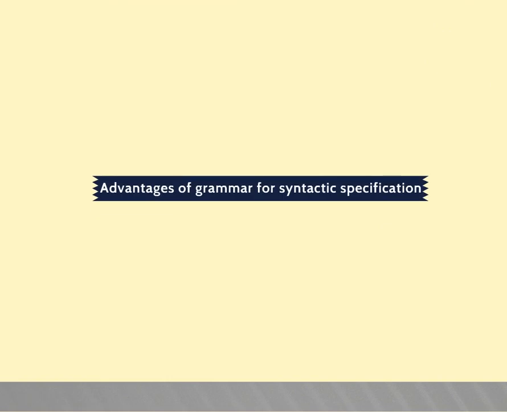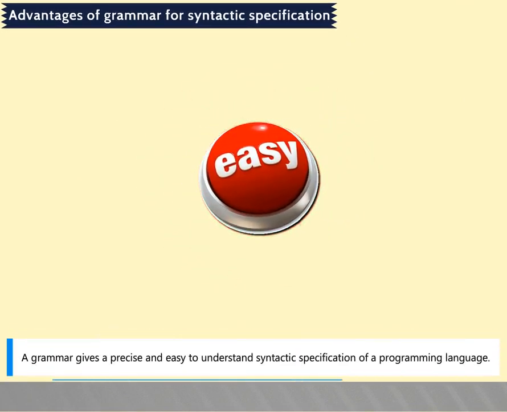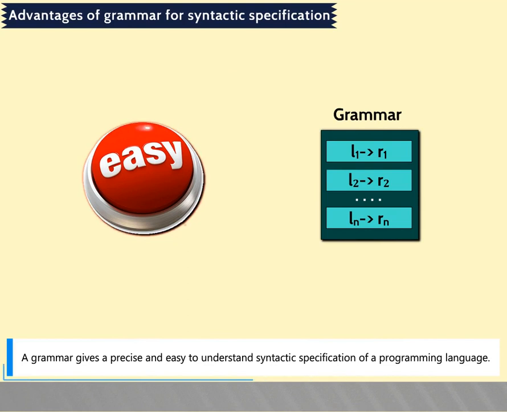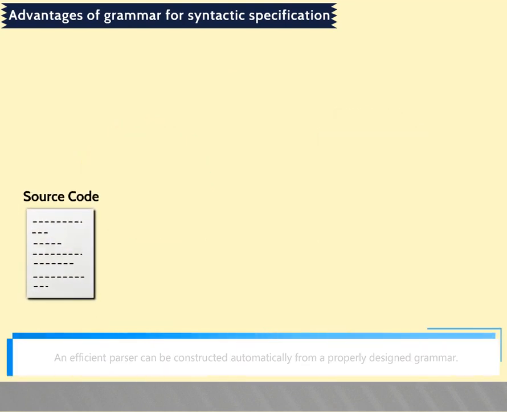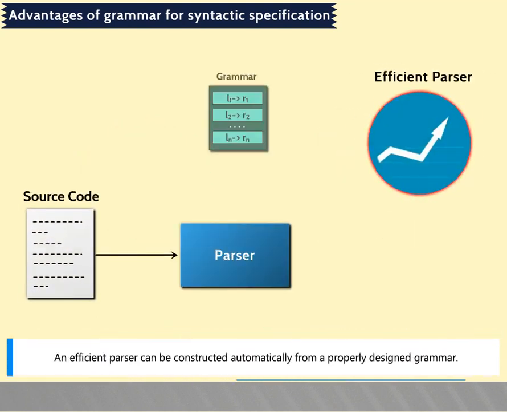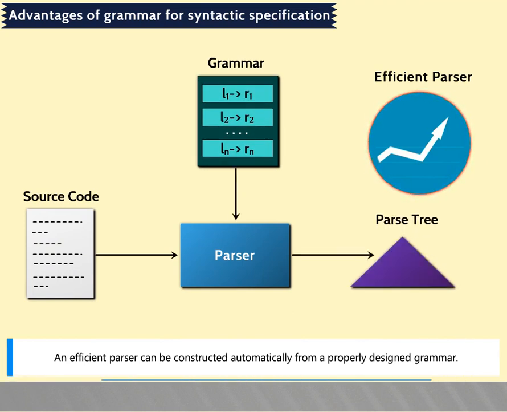Advantage of grammar for syntactic specification. A grammar gives a precise and easy to understand syntactic specification of a programming language. An efficient parser can be constructed automatically from a properly designed grammar.